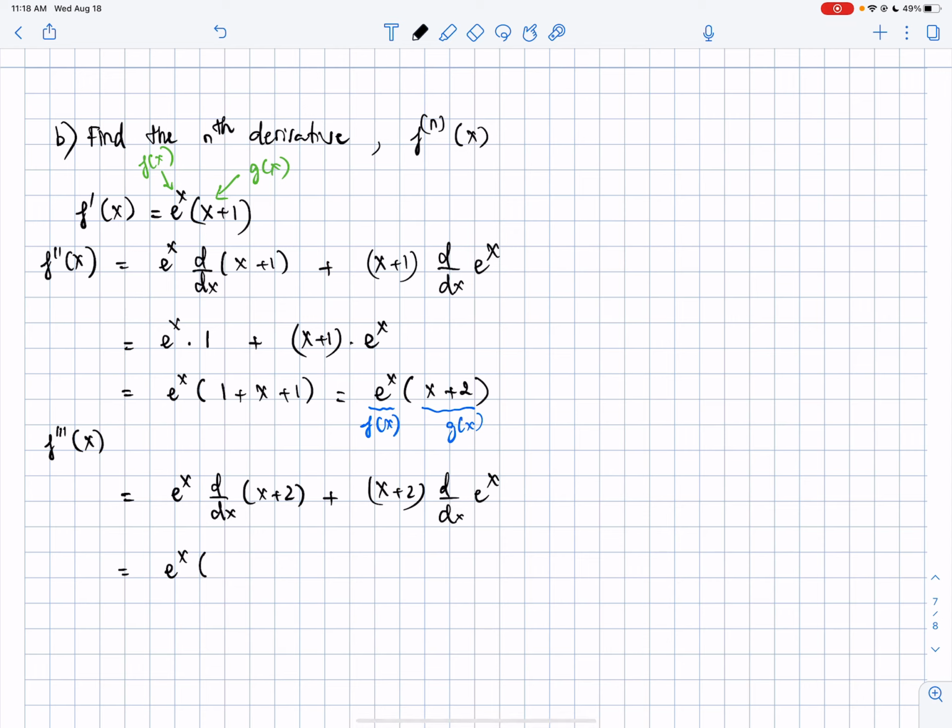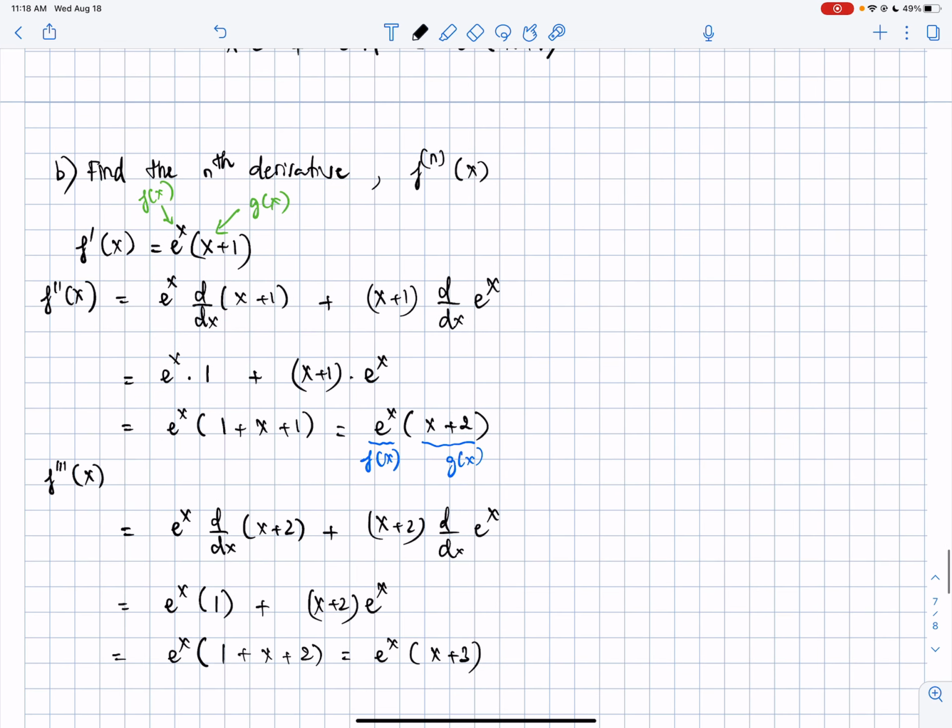Then the first derivative of x plus 2 is 1, and the first derivative of e to the x is e to the x. We factor out e to the x, so we get 1 plus x plus 2, and that becomes x plus 3 inside the parentheses.